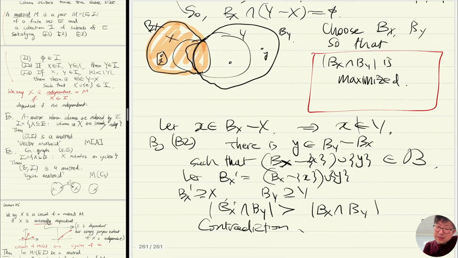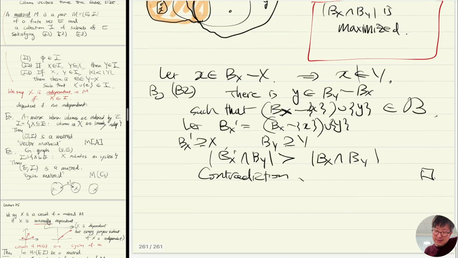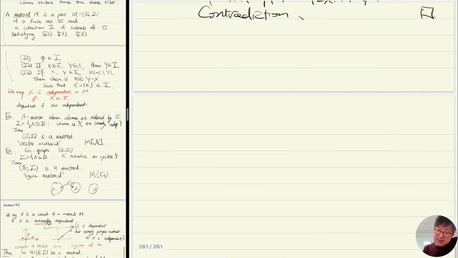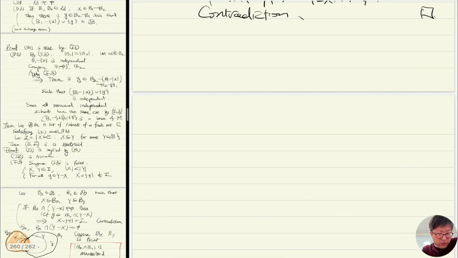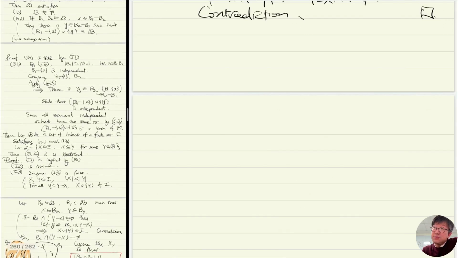All right, because I remove this element and add that, and then bx prime has one more intersection with by, and that's a contradiction. All right. So this shows you that B1 and B2 also define a matroid.